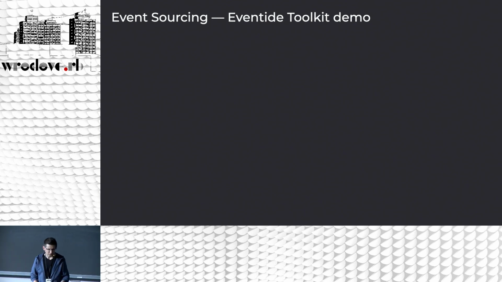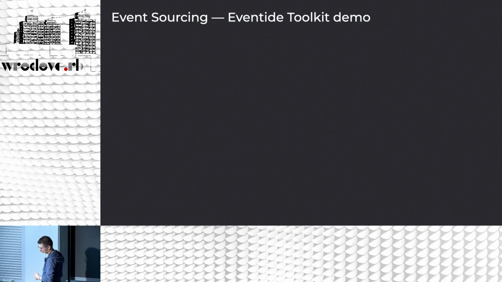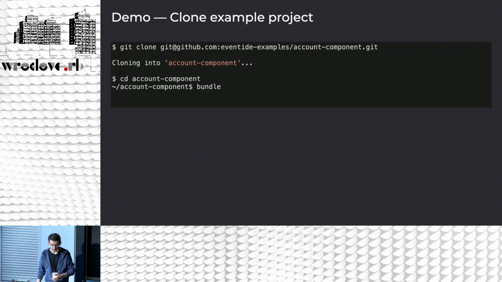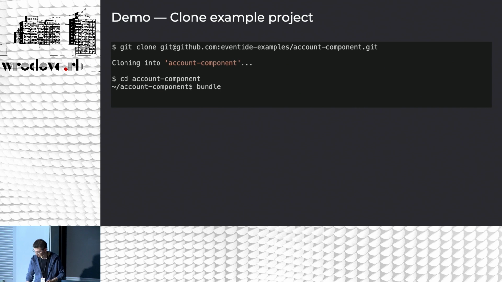They are not really that well documented, or not documented at all, because they are for their internal usage, but you can go over all the commits. They are very well maintained from the first to the last one, and you can learn a lot. How do you do that? You just clone a repo, of course, and bundle up.